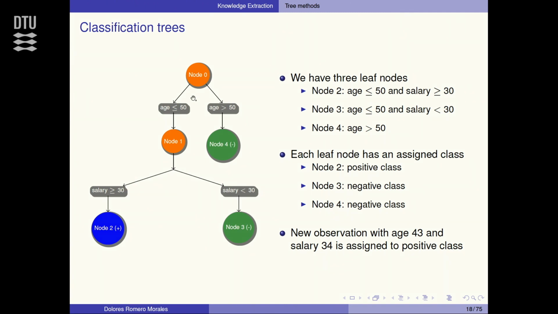What you are trying to get is more and more purity in your children nodes. What is purity? Well, you are assuming that in this case you have good payers and bad payers. So for instance, in a credit score sample, at the beginning you have the whole training data set at the top. That's an impure node, but if I split it, if I was very lucky, the bad payers will go to one node and the good payers will go to the other node, and then I will end there.